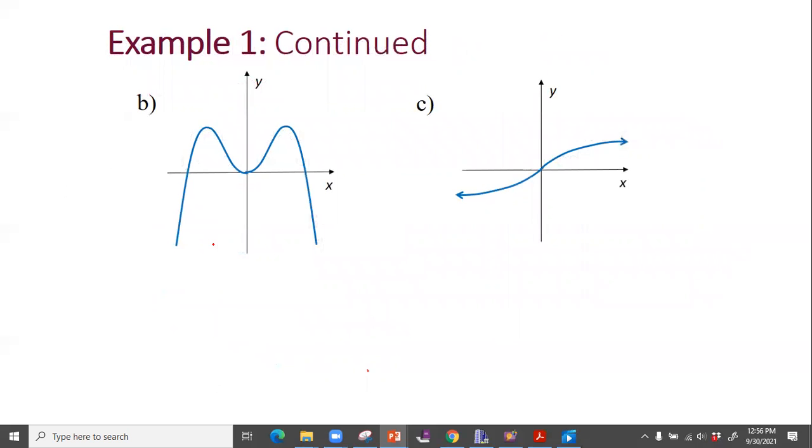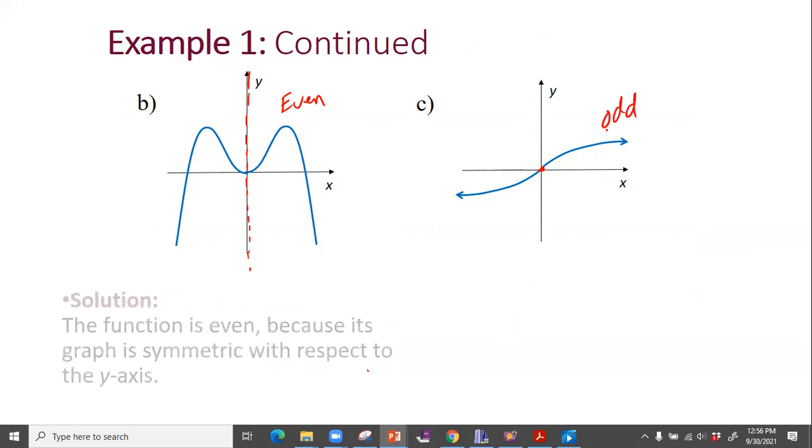Here we have B. Example B would be even, with symmetry about the y-axis. What about C? That would be odd. It goes through the origin, and if I was to rotate this, it would be the same.